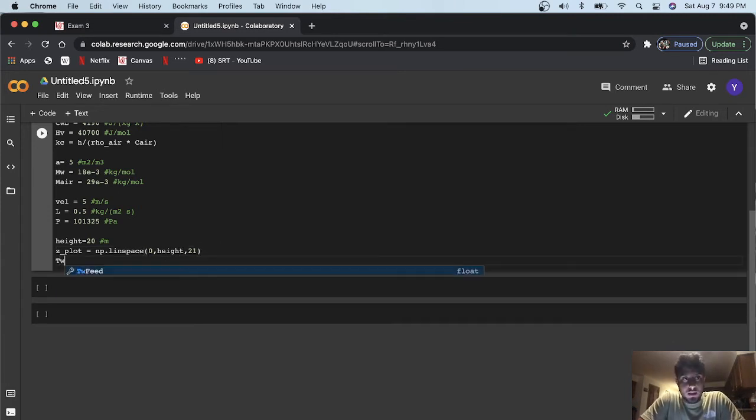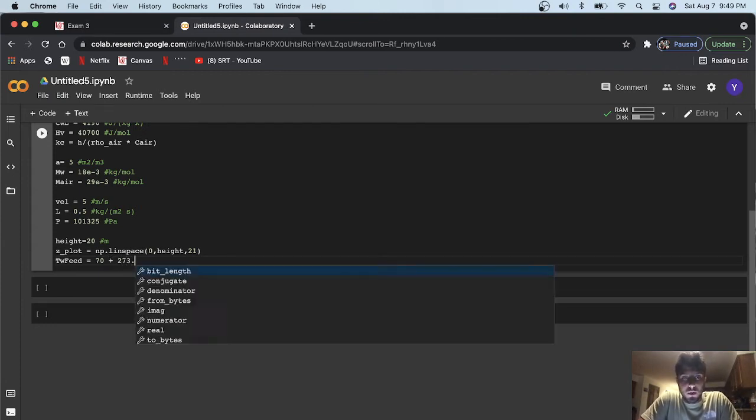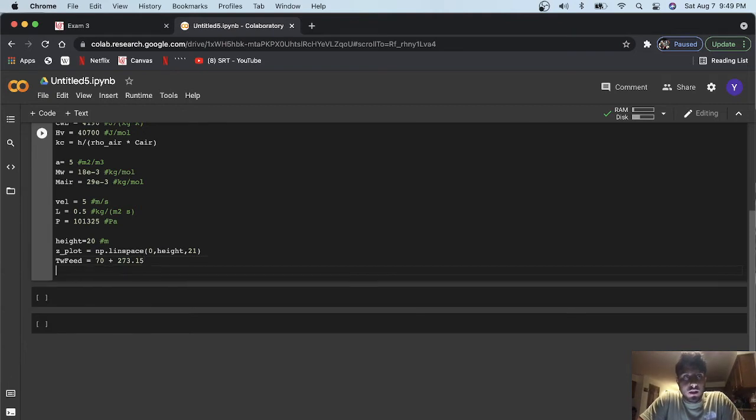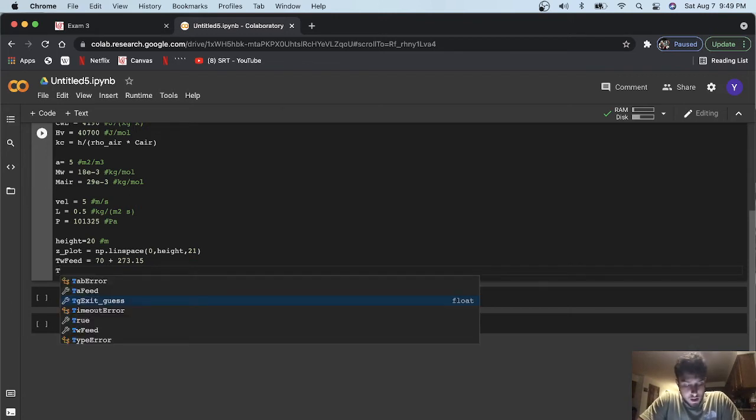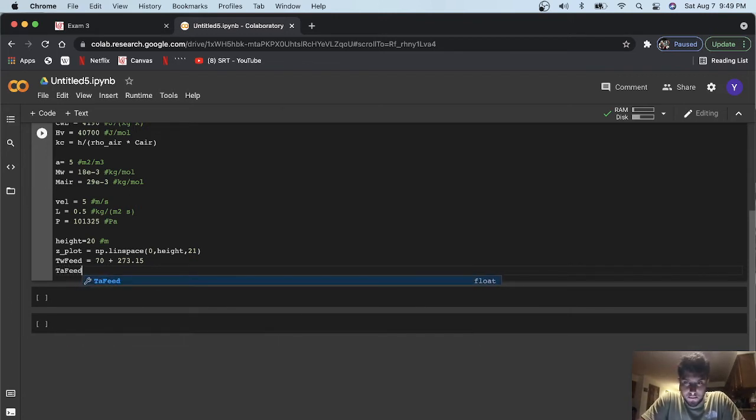We're also going to need the temperature of the water of the feed, and we know that 70 degrees Celsius plus 273.15 will get us to Kelvin. We also need the temperature of the air of the feed, and that is equal to 25 plus 273.15.